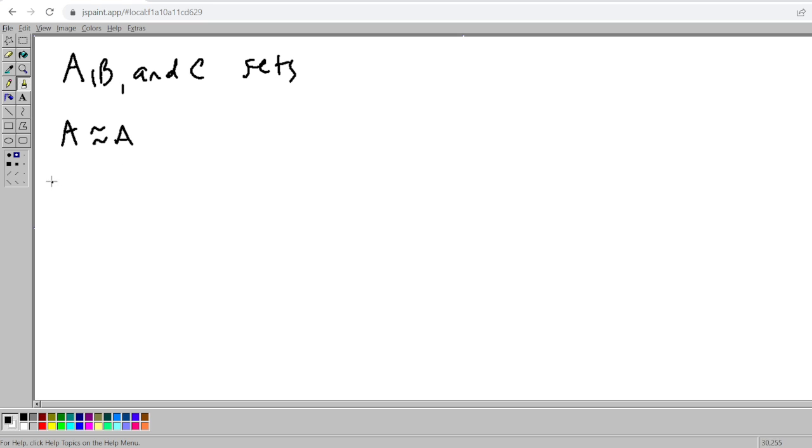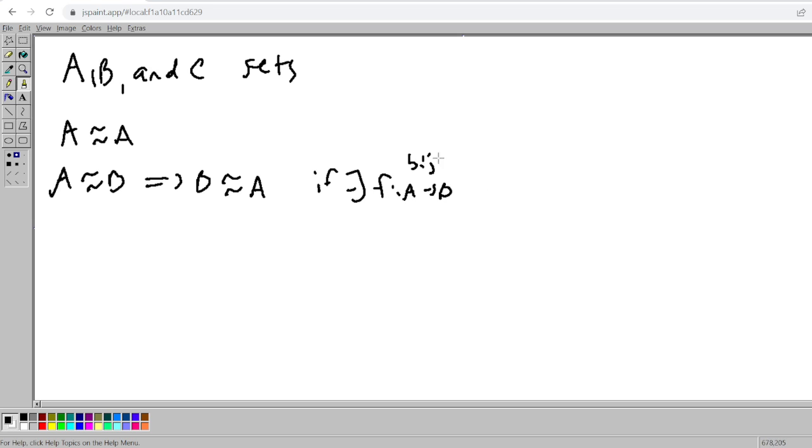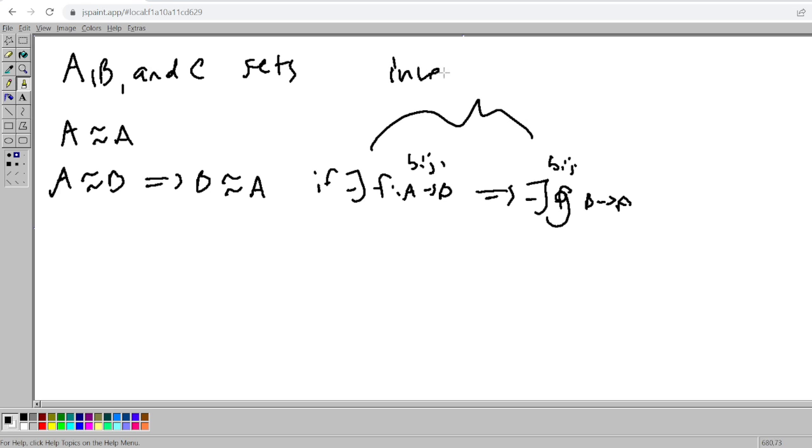Then if A is equipotent to B, that implies that B is also equipotent to A. That basically says if there exists a bijective function from A to B, then there exists a bijective function G from B to A, and you could imply that it is the inverse function.